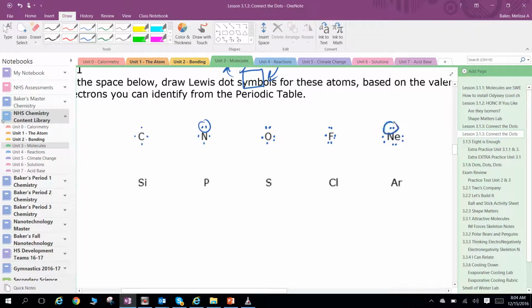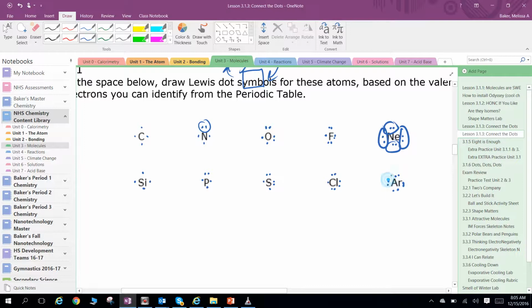Notice that dots are next to each other when they're on the top or bottom, and then one is above the other when they're on the left or the right. And the next row is the exact same as the one above it because these elements are in the same group. So remember, go around clockwise for the number of dots, and it should be the same as the group number.